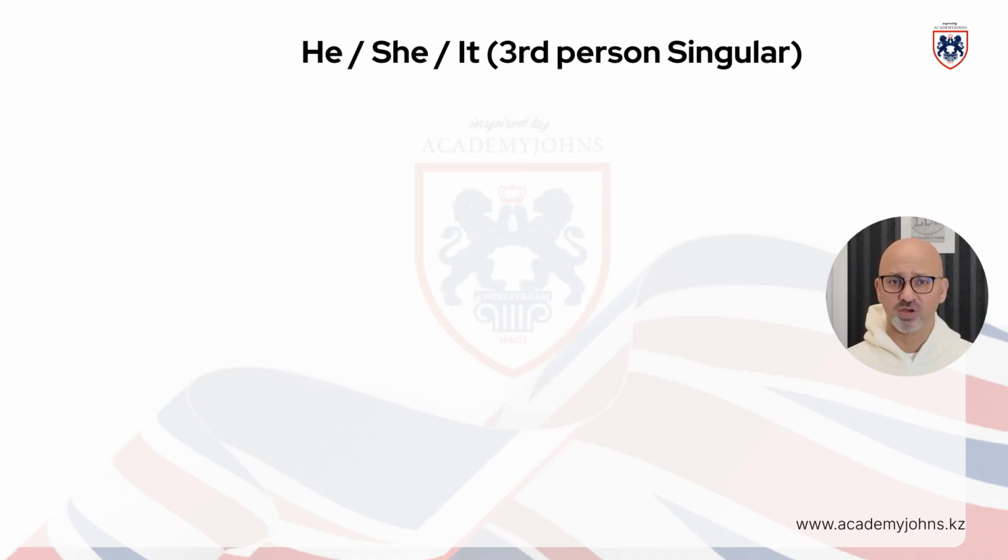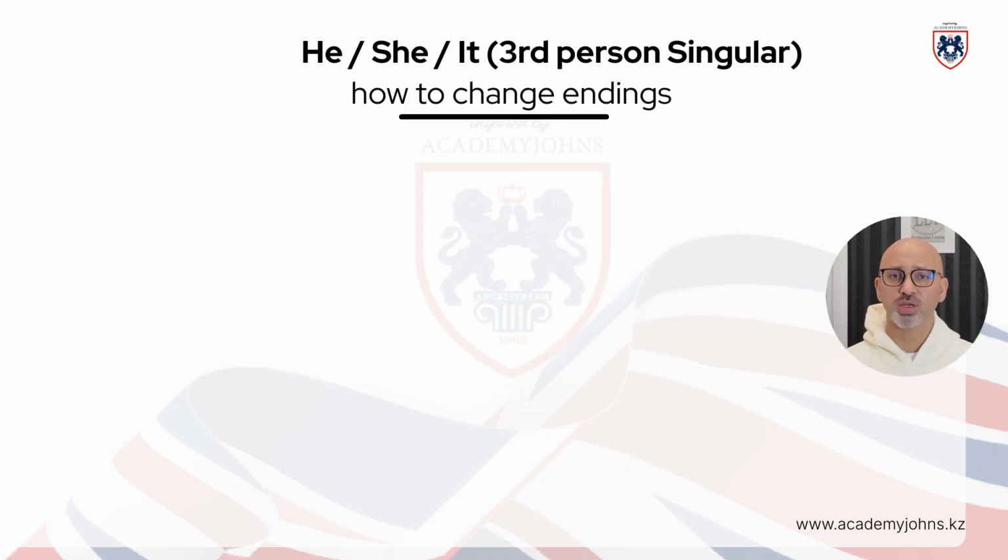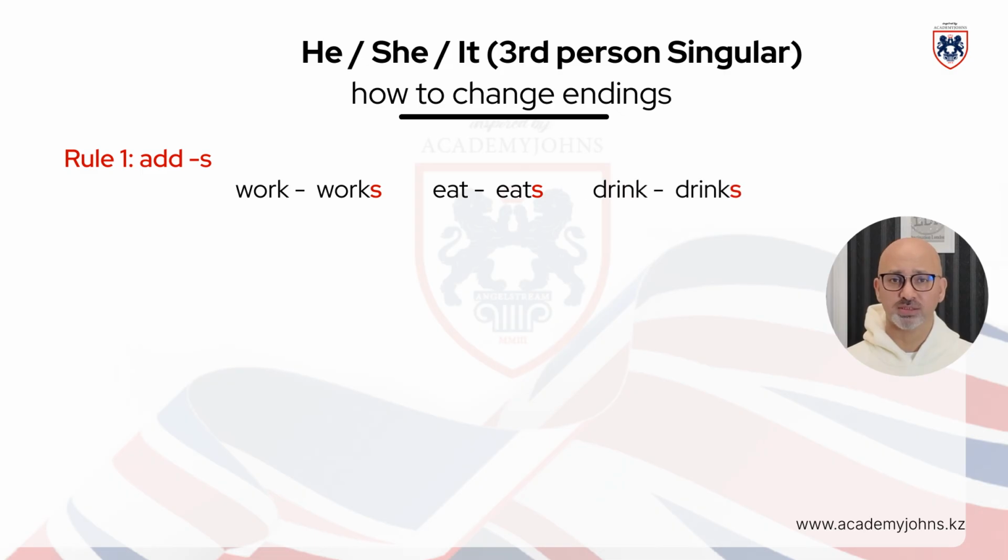We've learned that for the third person singular, he, she, it, we add s to the verb. Here are the rules you need to know for changing verb endings. Rule 1. In most cases with he, she, or it, add s to the verb. For example, work becomes works, eat becomes eats, and drink becomes drinks.